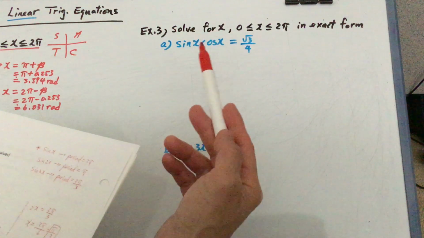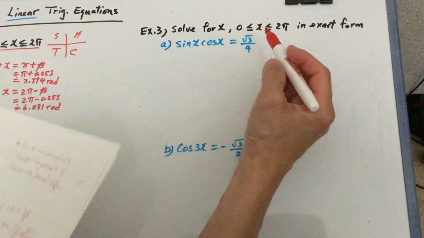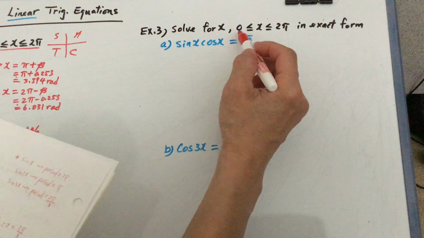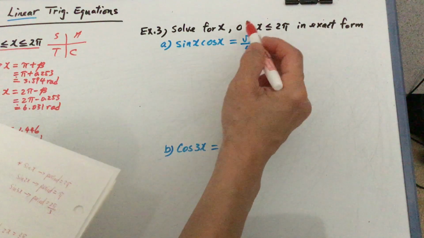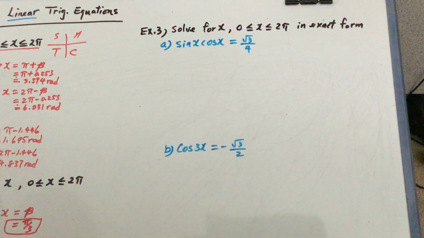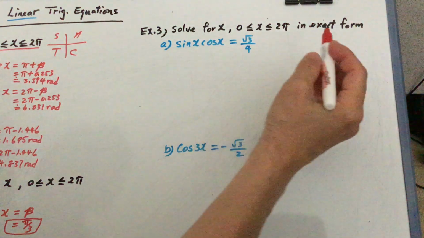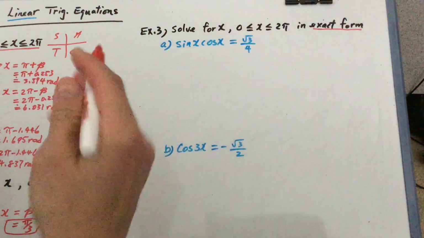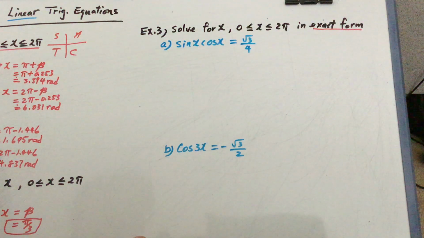I still have the given domain as x between 0 and 2 pi. In exact form, that means this question likely involves special angles.